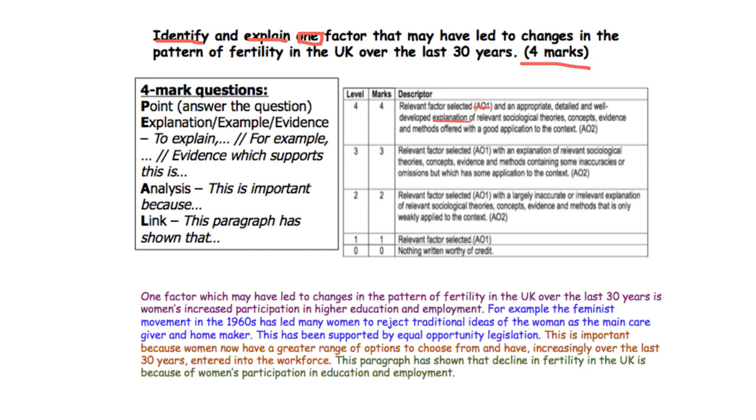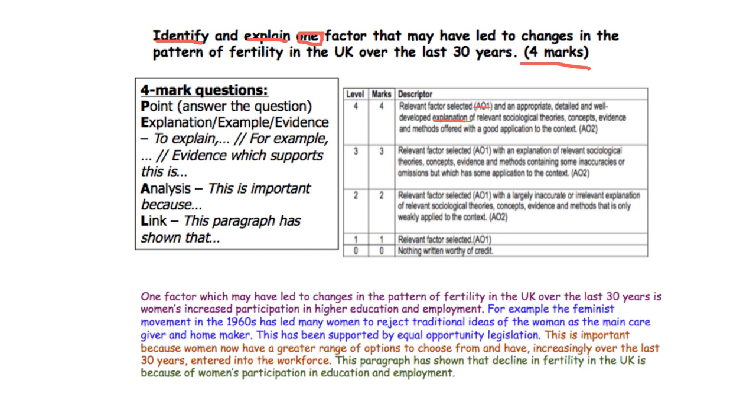Okay, so there's only 4 marks, so it's unfair of them to ask for an essay format. And here's the structure that we are going to follow here. So it's PEEL, so your point, explanation, example or evidence, analysis, and link.